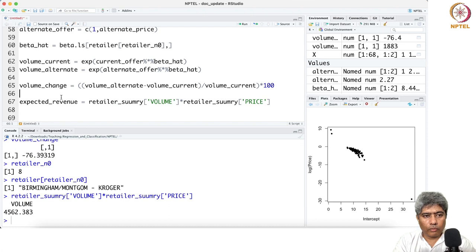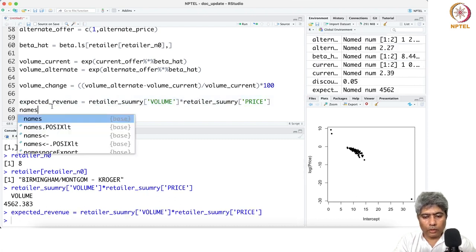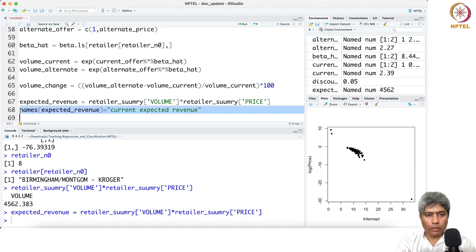So this is the volume that you expect. Okay, so we can call it current expected revenue.